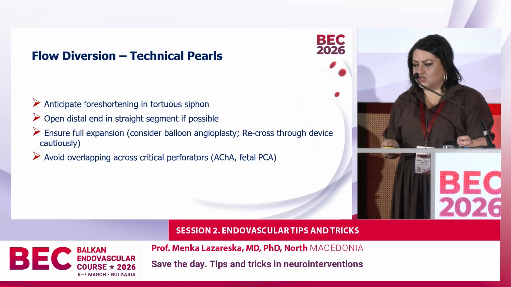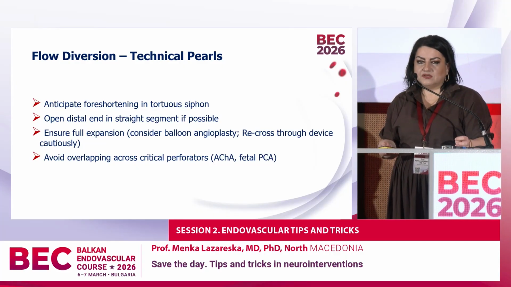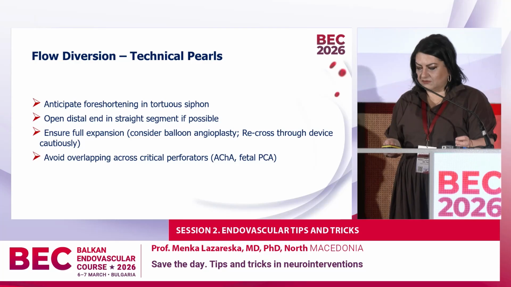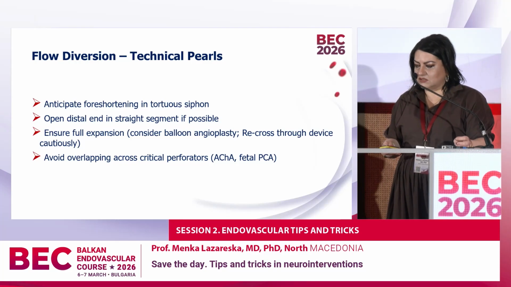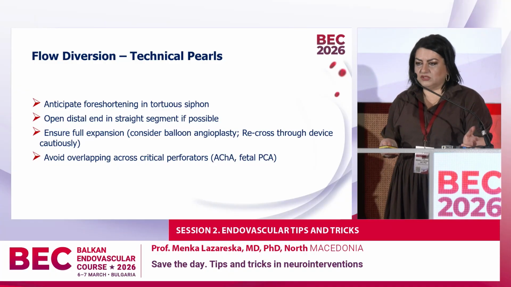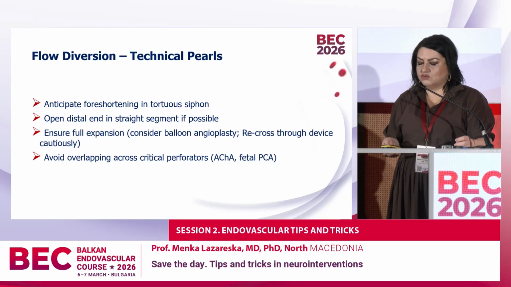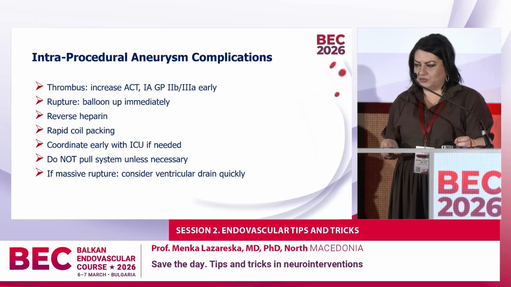For flow diversion, technical pearls are: anticipate foreshortening in the tortuous siphon, open the distal end in a straight segment if possible, and ensure full expansion with a recross through the device or balloon angioplasty. Avoid overlapping the critical perforators.